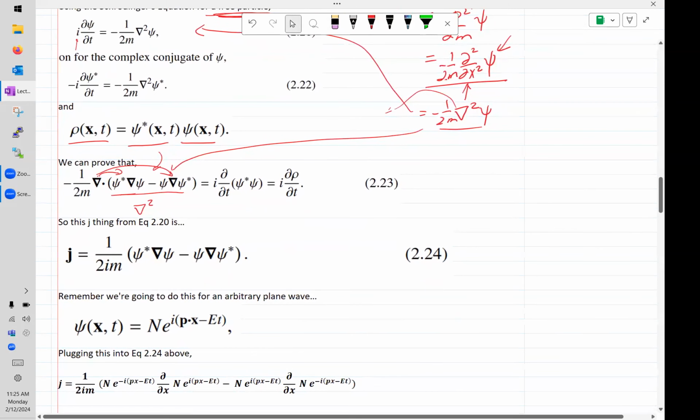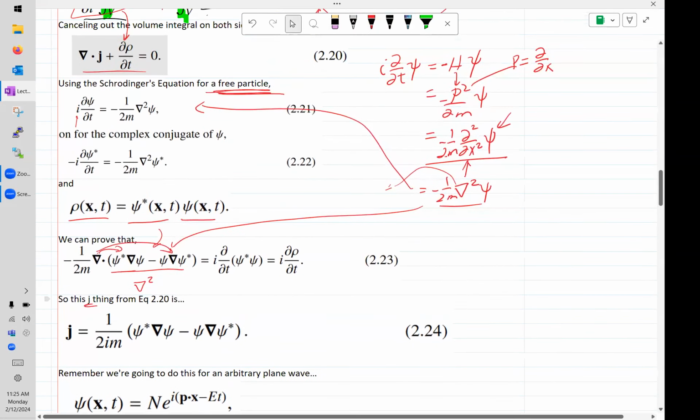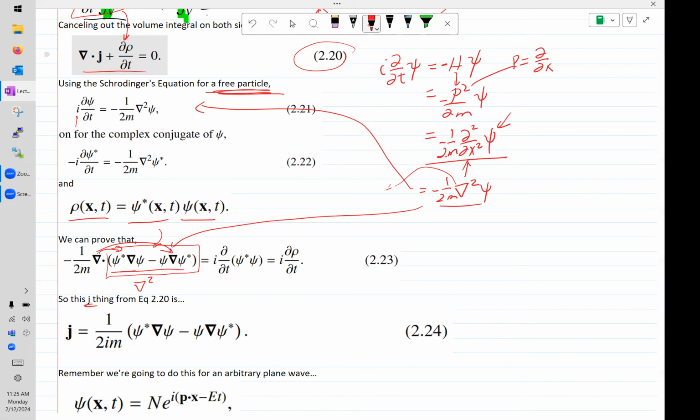The reason is that if we're comparing this J thing to equation 2.20, this thing in here, we have this grad dot thing up here. We have this grad dot thing down here.